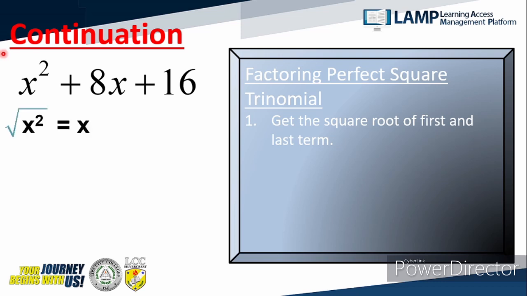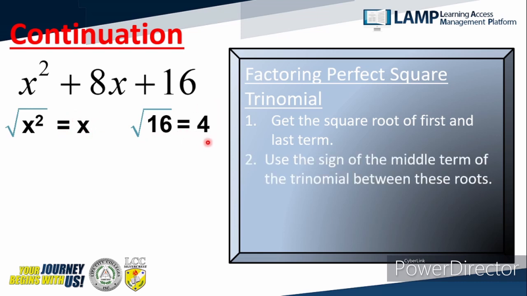Therefore, we have the square root of x squared, which is x, then the square root of 16, which is 4. The first term is x squared and the last term is 16, which results in x and 4.